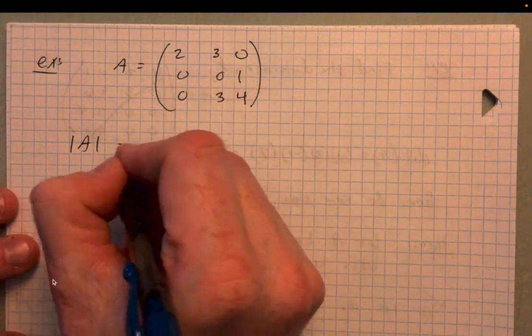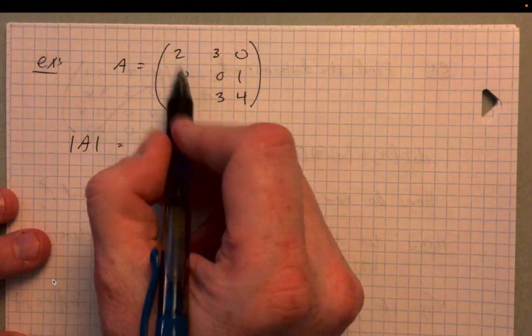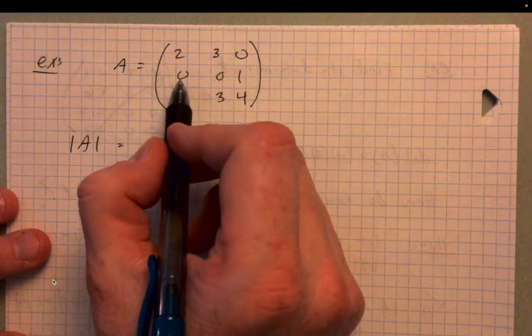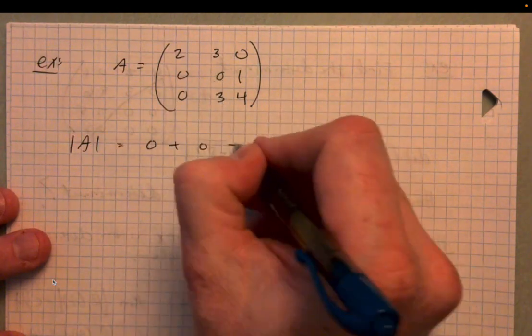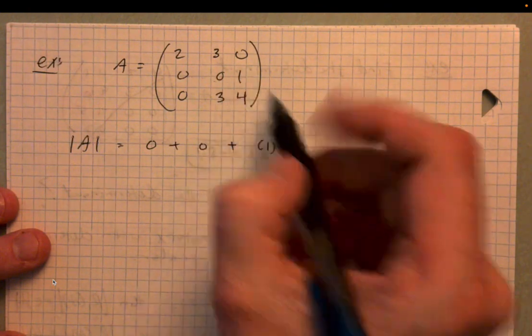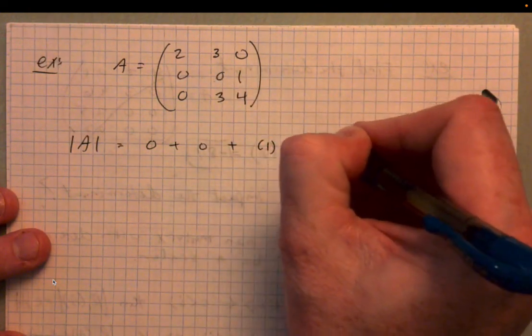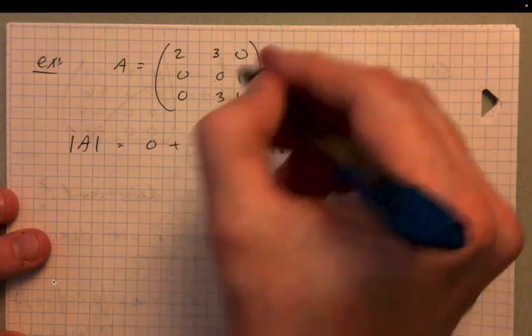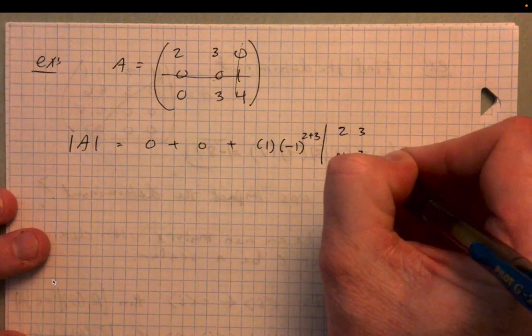That's going to be equal to 0 times the submatrix 2, 1, plus 0 times the submatrix 2, 2, plus 1 times negative 1 to the 2 plus 3, since this is the 2, 3 entry, times the submatrix you get when you cross those out, so you get [2, 3; 0, 3].